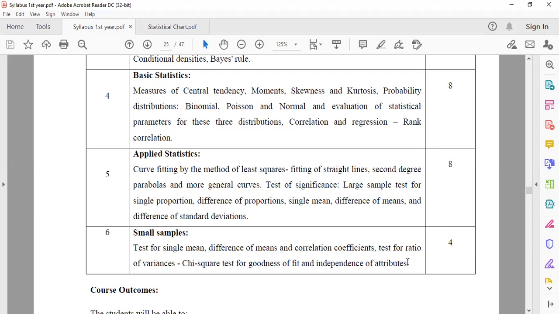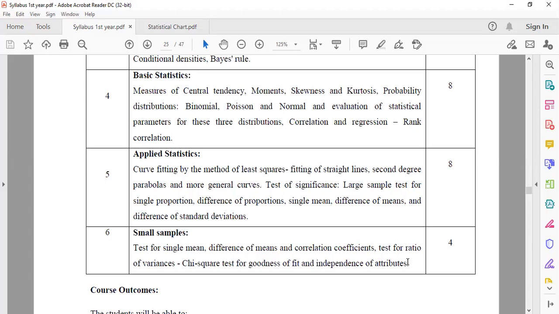And apart from these, other topics are there, like statistical quality control, design of experiment, principal component analysis. Principal component analysis is a very important topic, which contains in it analysis like factor analysis, cluster analysis, discriminant analysis, which are essential for learning to know about machine learning, and analysis of variance and its various types are available, which are also part of this statistics course.